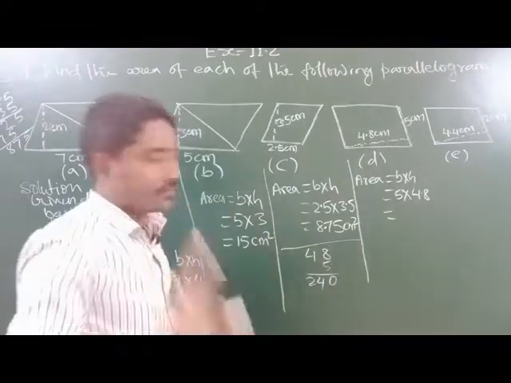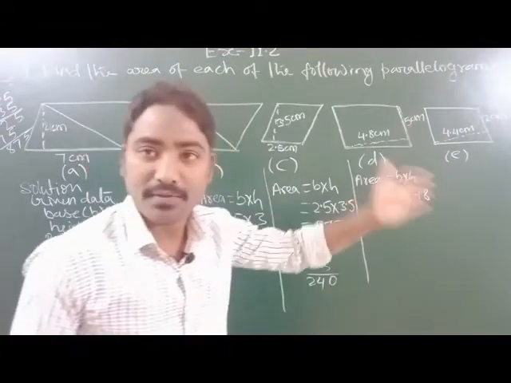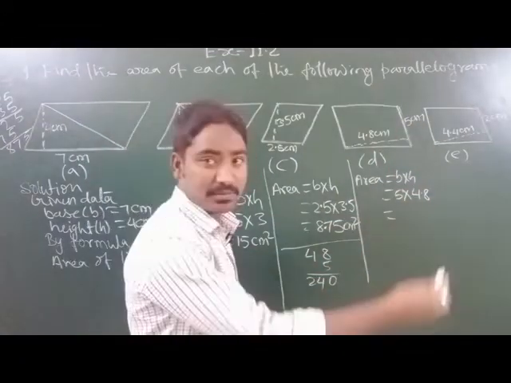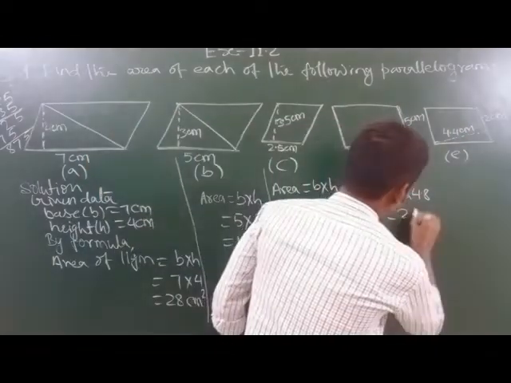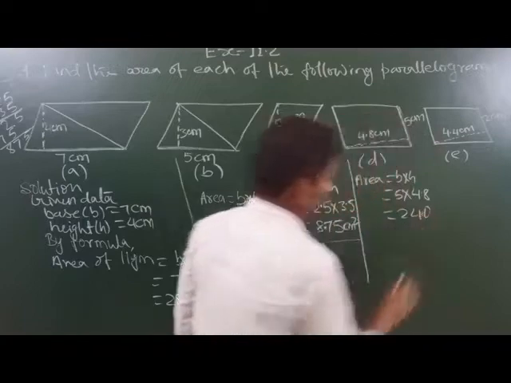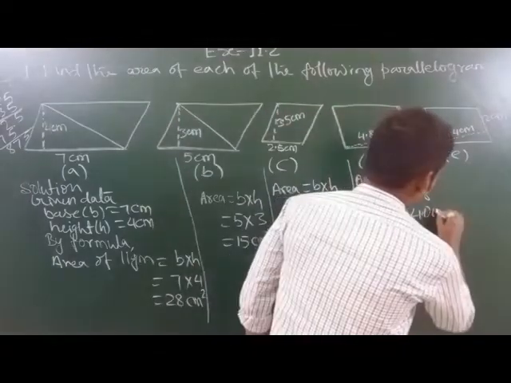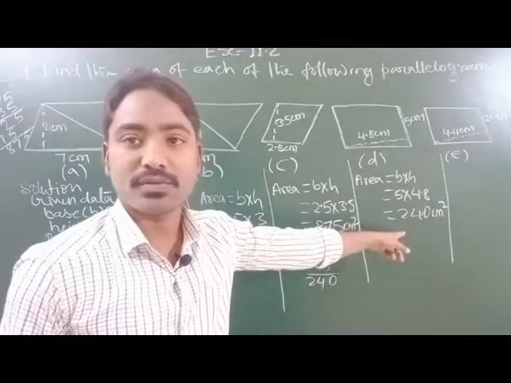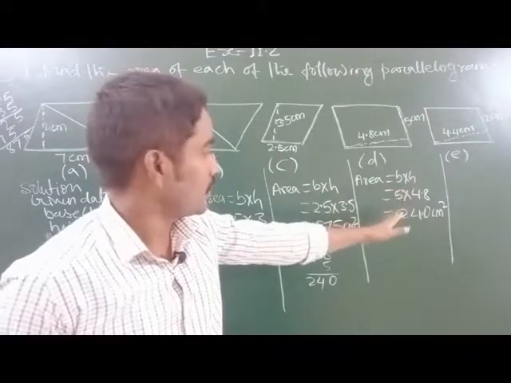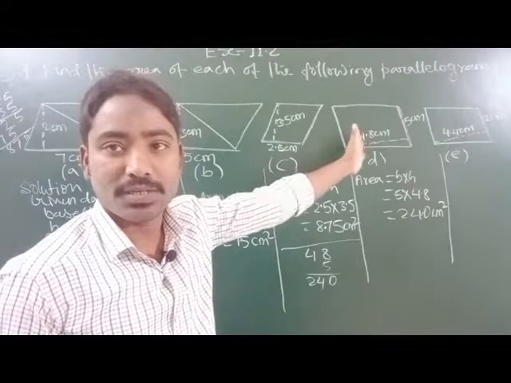Only one of them has a decimal and it is after one digit. So in the result we will have the decimal after one digit, counting from the right side. So 240, decimal after 0, means 24 centimeter square will be the area of this D parallelogram.